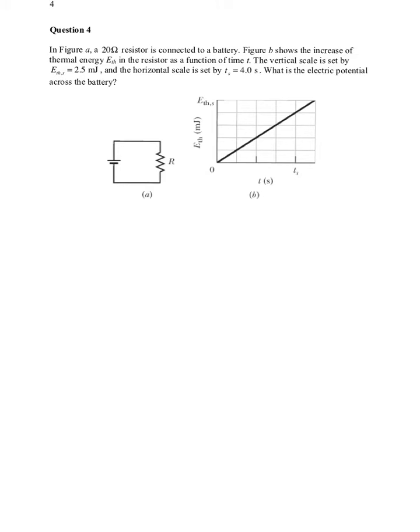So if we look at the slope of the energy versus time, it gives us power. If we find the slope of the graph, we're going to get the power. And the power is going to help us find out what the voltage drop across this resistor is.